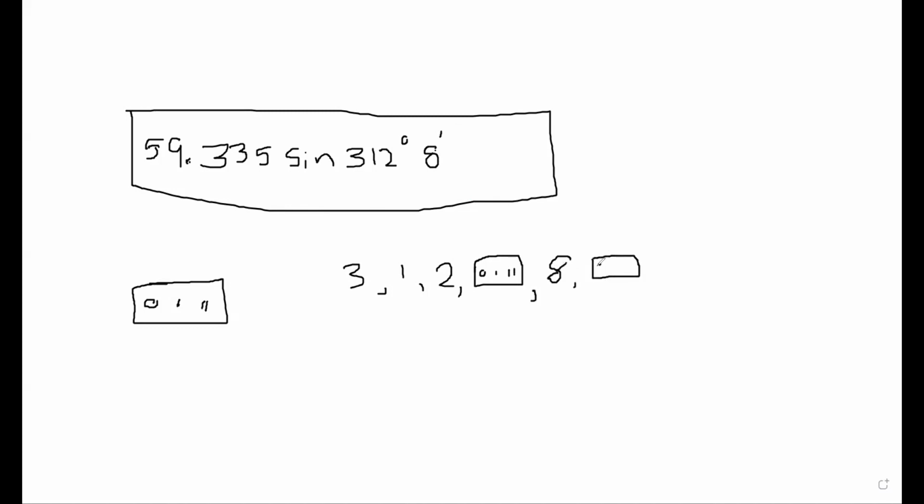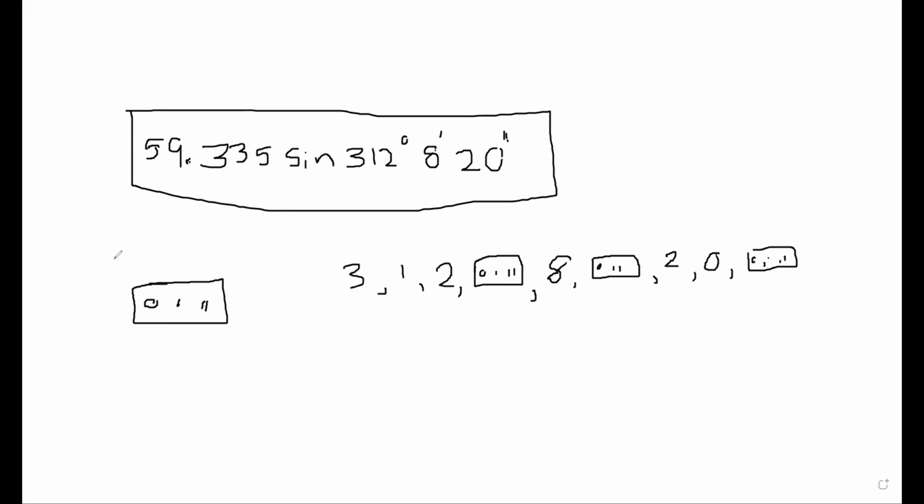For the second press, it will take that quantity as minutes, and then let's say 20 seconds, then 2, 0 and again that button, then press enter. So this is how you have to enter the angle, right?